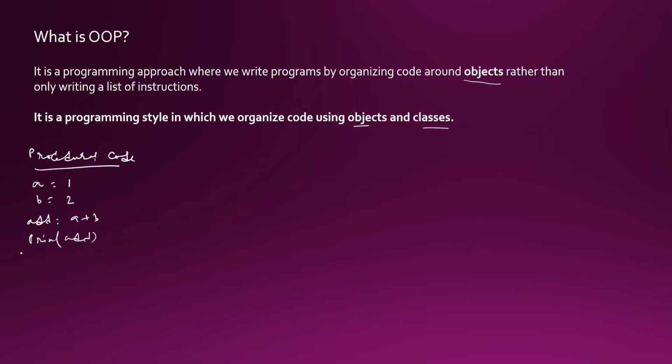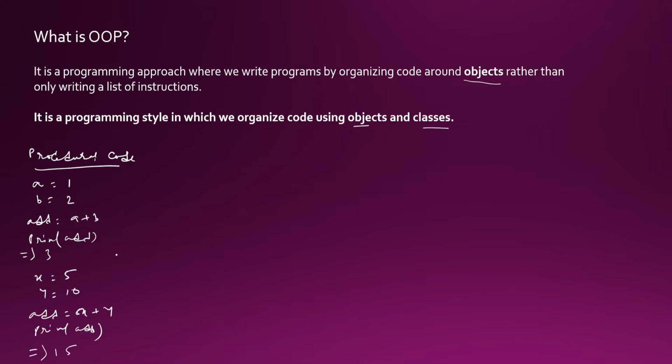So it gives me the result as 3, right? Again, if we want to perform another addition, then we have to initialize variables like x equal to 5, y equal to 10. Then we perform add equal to x plus y, print add, right? Then we get the output as 15.